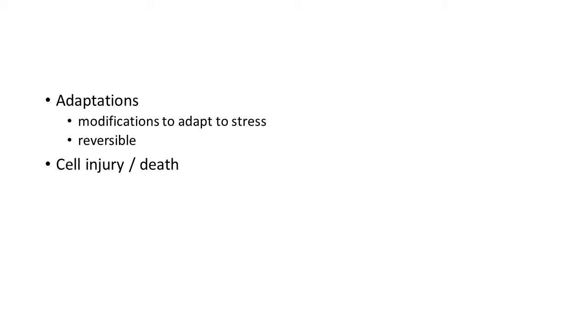Just like us humans, when we face an adverse situation, either we adapt to that particular situation or we may succumb. The same way, the cell, when it encounters a stress, may adapt to that particular stress by undergoing certain modifications which help it to adapt, or it may result in a permanent injury resulting in cell death.